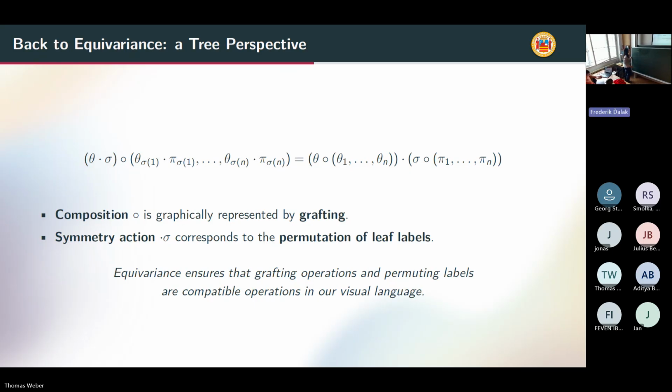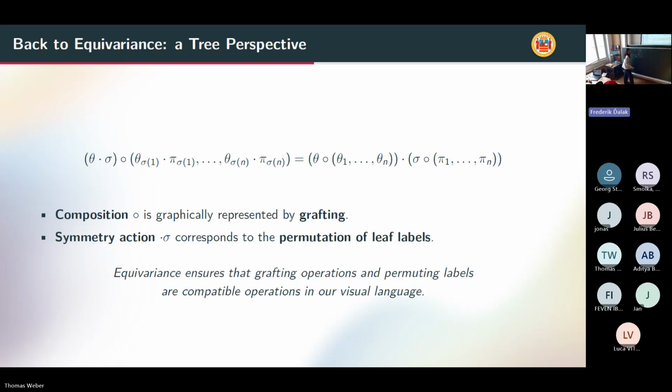Let me consider, for example, a binary operation, say theta, and then we can consider theta1, a ternary operation, and theta2, another ternary operation, and then we consider maybe sigma, a permutation of two elements, 1 2, 2 1, and p1, a permutation of three elements, for example, 1 2 3, 2 3 1, and p2, another permutation of three elements, for example, 1 2 3, 3 1 2. Okay.